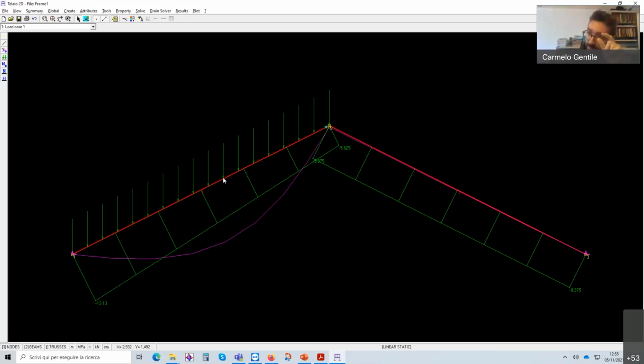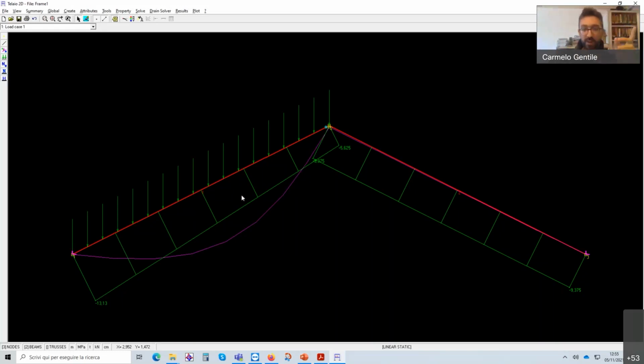The transversal one induces shear force and bending moment, as usual, when we have horizontal beams with vertical load. But the longitudinal component of the external load is associated with axial force.